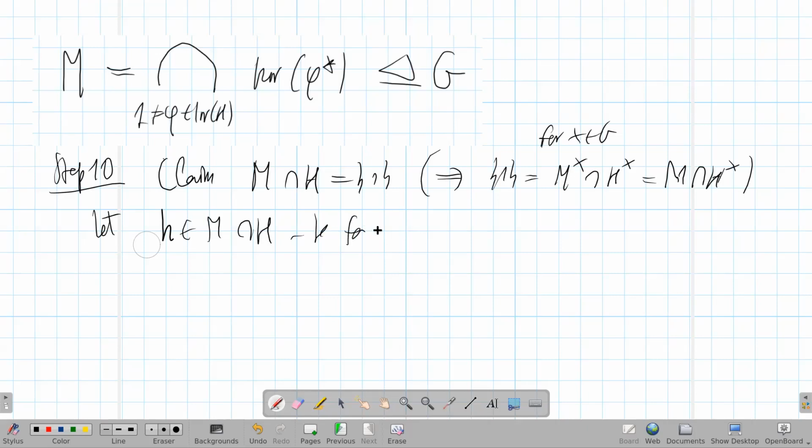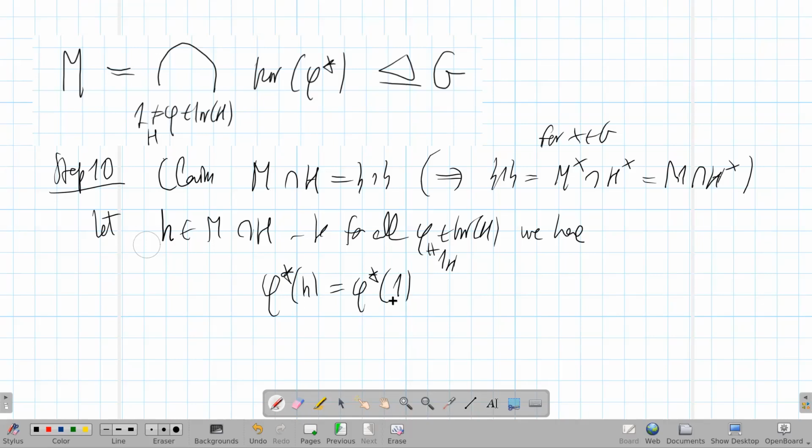So for all irreducible characters phi of H, different from 1H, we have that phi star of h is phi star of 1, okay? Because that's what the kernel of a character is, okay?